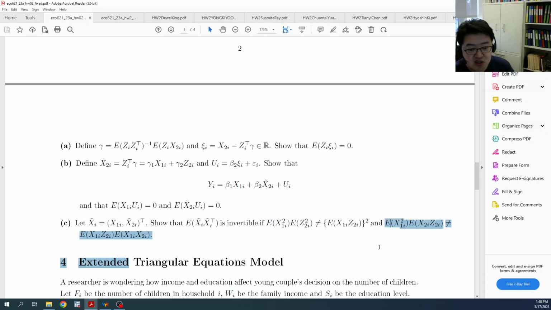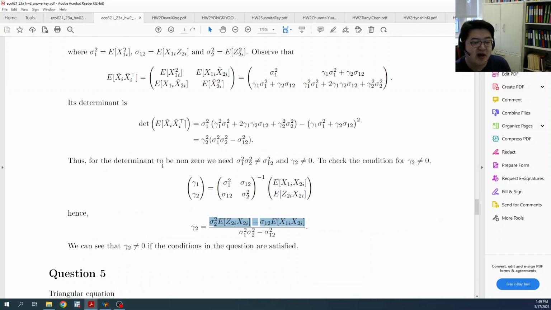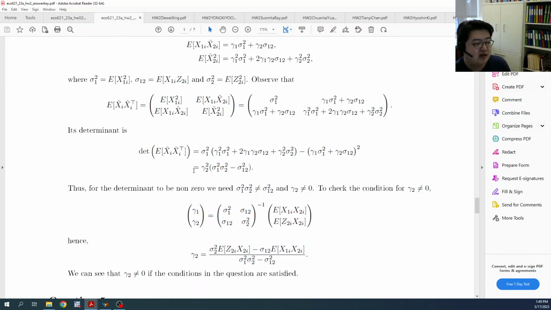So the second condition is like the relevance condition, right? Relevance condition and full rank assumption. So they are very natural assumptions if you understand them, but algebra is very annoying. So refer to my answer if you had any problem.